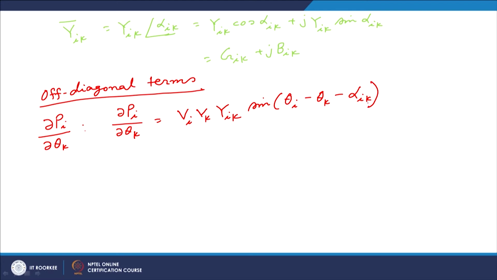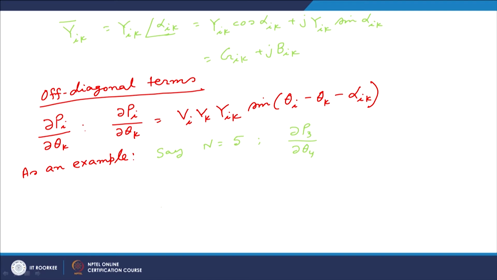To illustrate this, take as an example n equal to 5, and say we are trying to find del P3 by del theta 4.